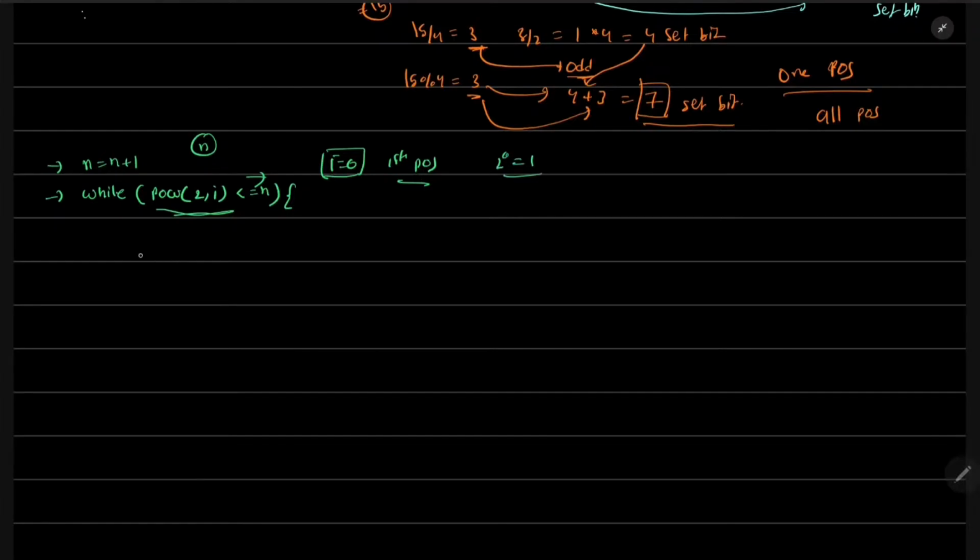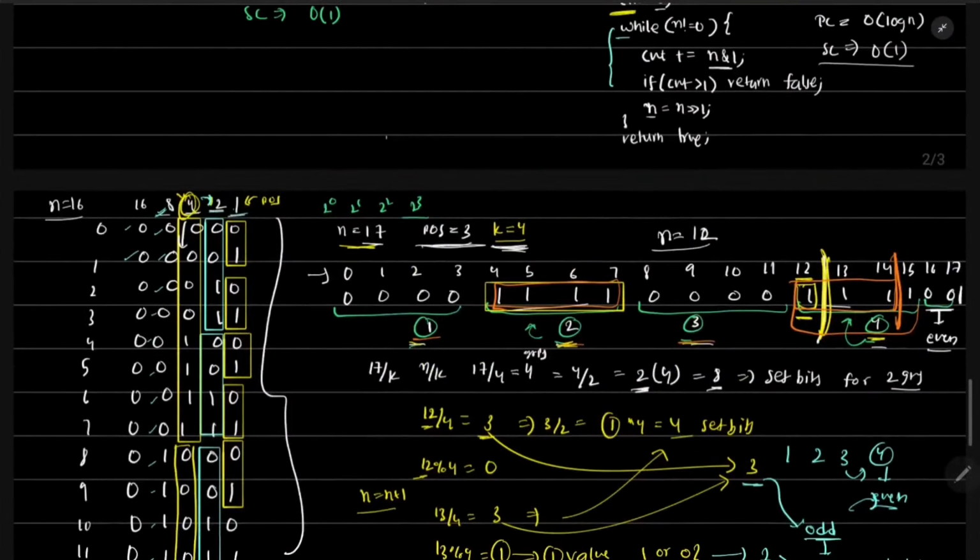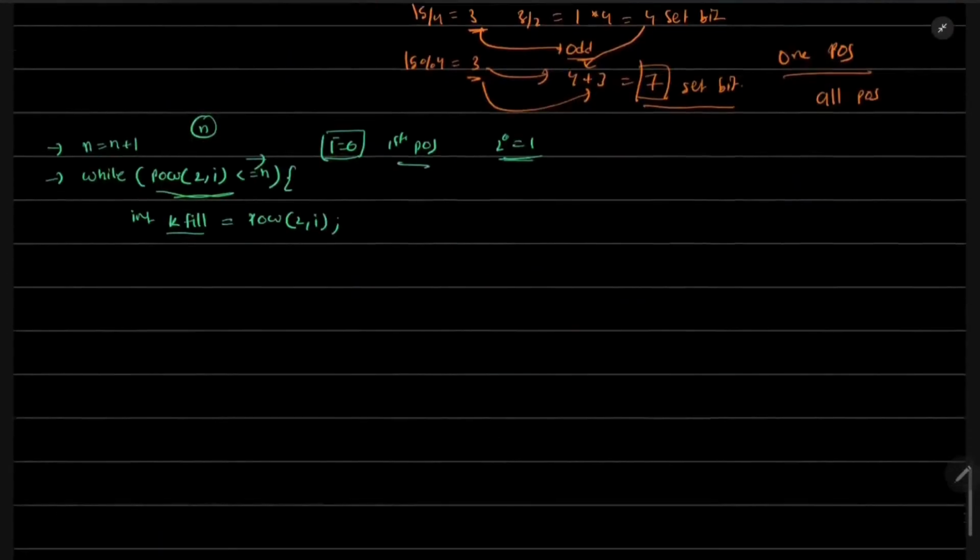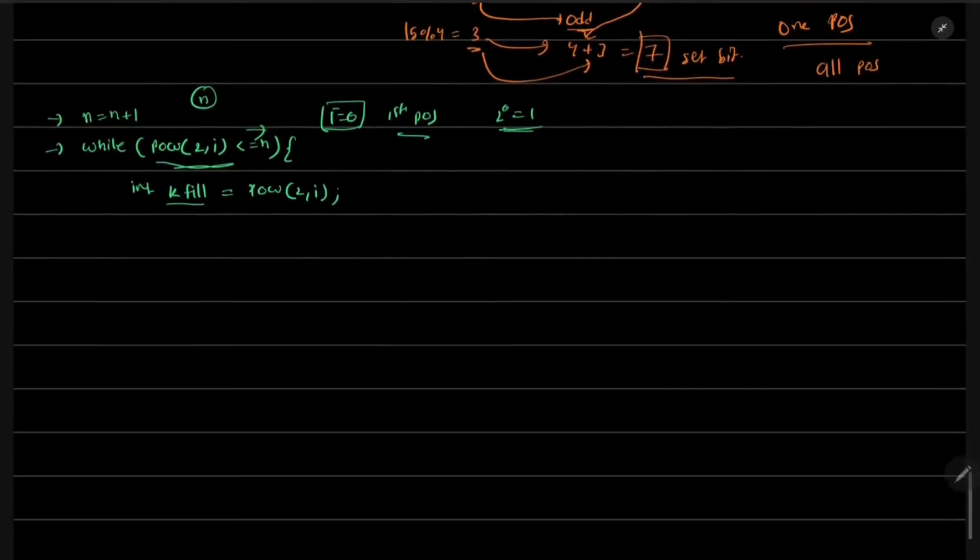So first calculate that. An integer value, fill, power of 2 comma i. So this is nothing but 1, right? Maybe I can take k fill, something like that, because I took it as k here. Or you can just take k instead of fill. Just take k.